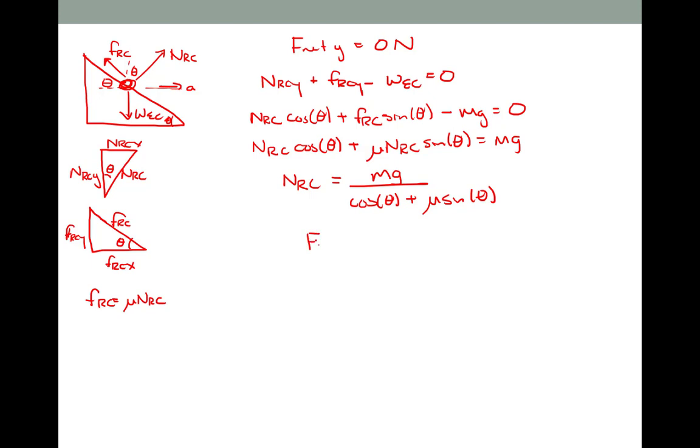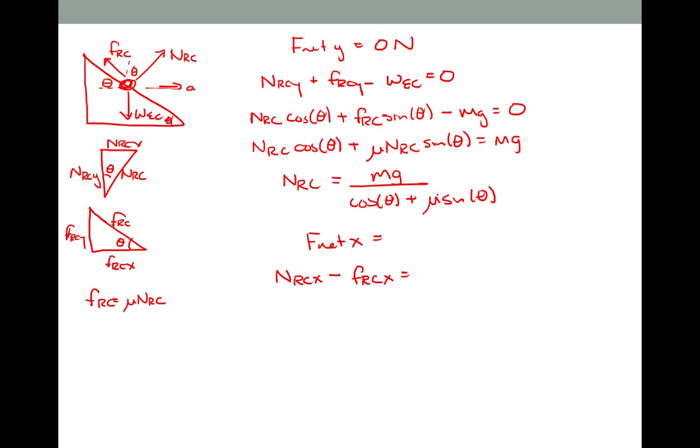Okay. If I look at the x direction, then I have two pieces in the x direction. I have the normal force pointing in the direction of the acceleration, and with friction defined this way, it is pointing the opposite direction. And that does not equal 0. Should not equal 0.